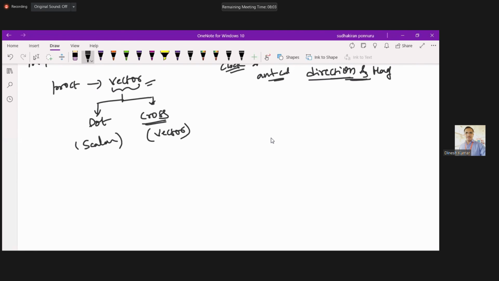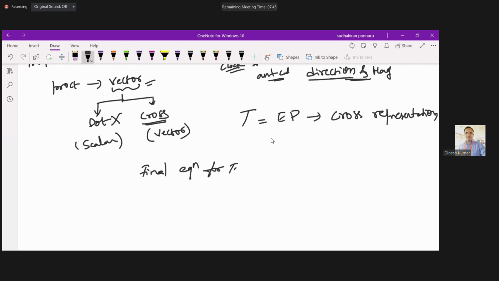So whatever equation we got, T is equal to EP, we have to take the cross representation. So the final equation for torque due to dipole is T bar is equal to E bar cross P bar.